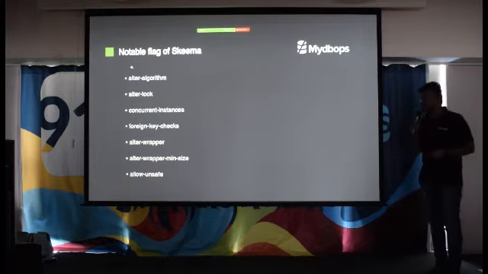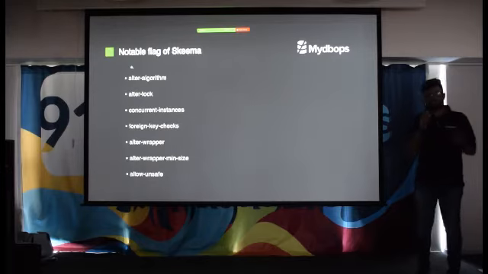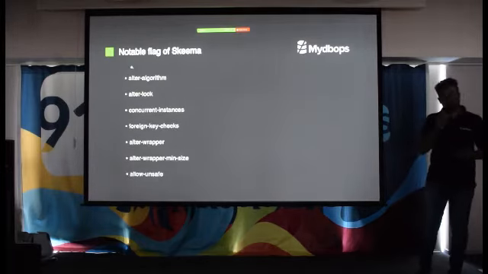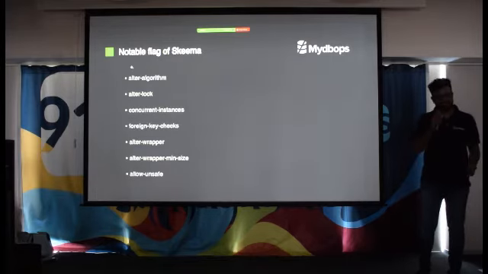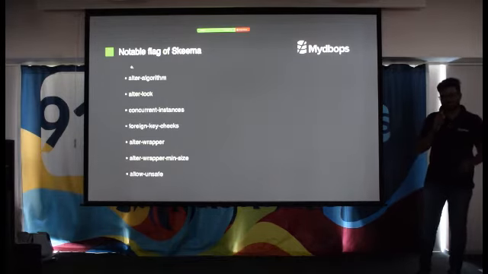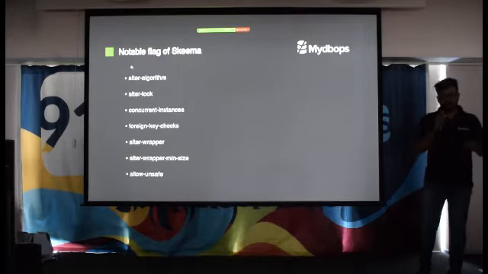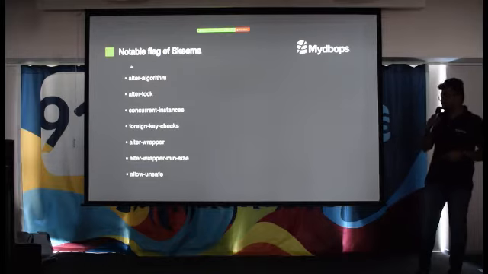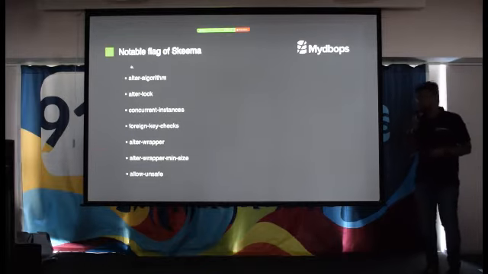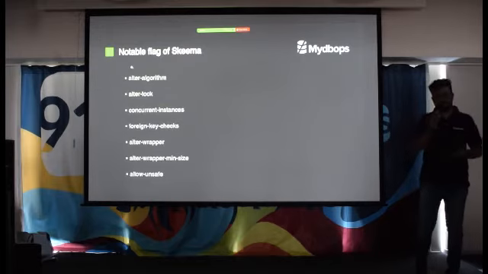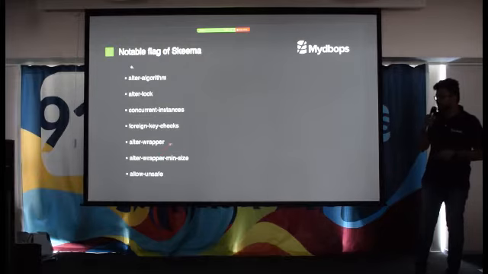So foreign key checks: if any of the alters is going with a direct alter, the foreign key checks will be disabled at the session level, and the alter will be performed. If the foreign key is mandatory or required, we need to enable foreign key checks. Then alter wrapper is the flavor we need to add, either PT online schema change or gh-ost, anything that we can mention in the alter wrapper.